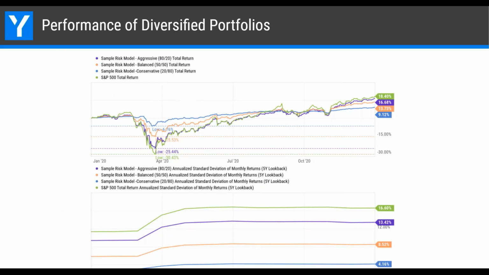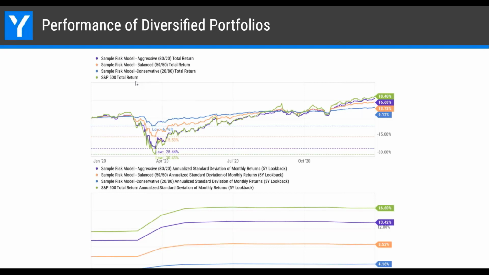Yes, Alison. So this chart is a great demonstrative that just looks at a few different allocation-based portfolios. So you'll see there in purple, we have an aggressive portfolio, a balanced portfolio in orange, a conservatively allocated portfolio in blue, and then finally just regular old S&P 500 in green.